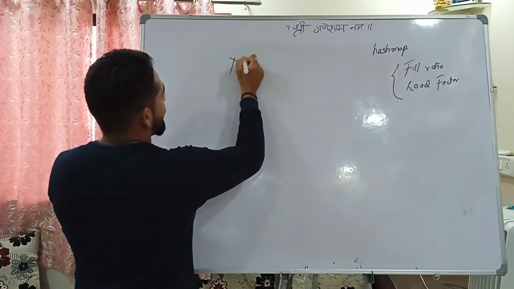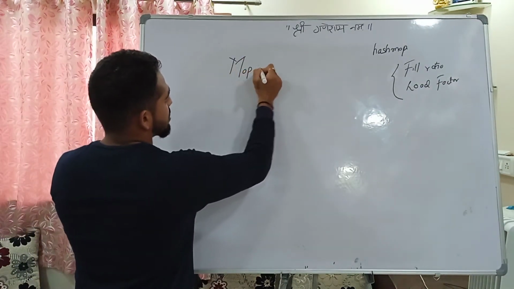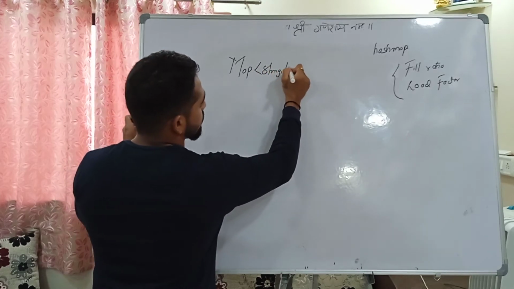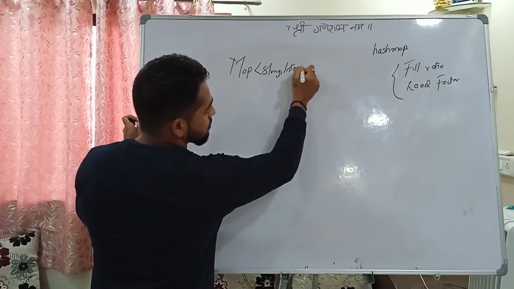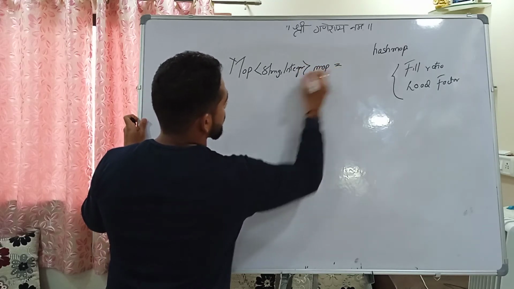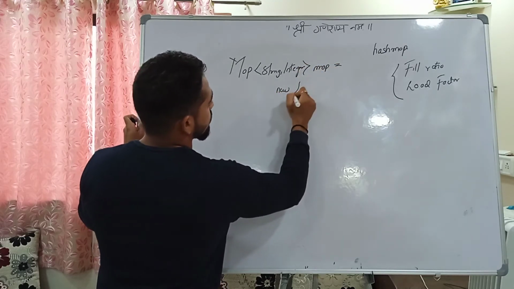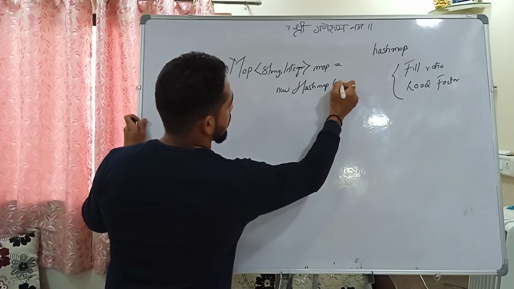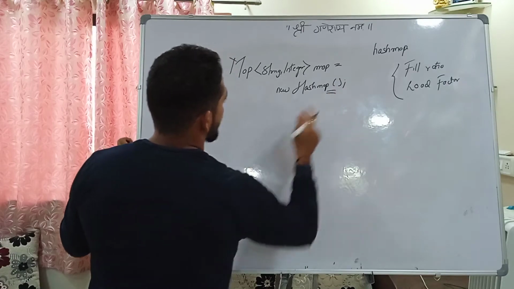So let's see, whenever we create an instance of a hash map, some values are there by default.